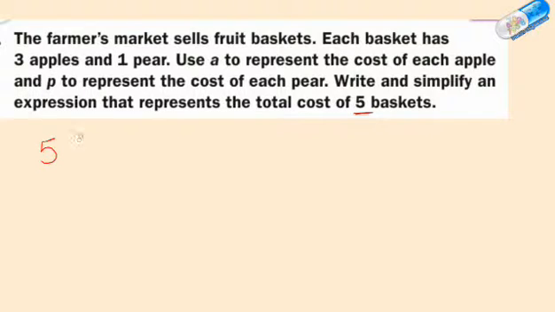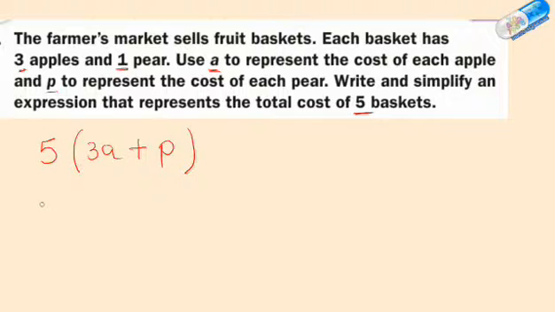Each basket contains 3 apples and each apple costs A. So it's 3 times A. And it also contains 1 pear and the 1 pear costs P. So it is 1P or I just write P. So now write and simplify the expression.